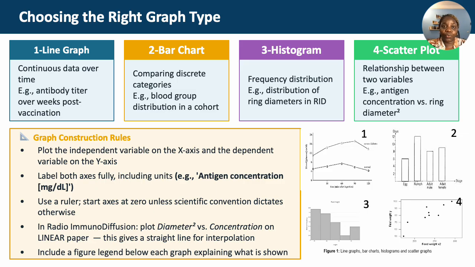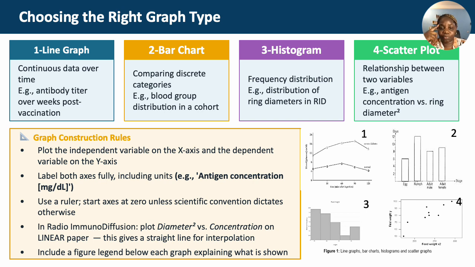So when we construct this graph correctly on linear paper with units and properly labeled axes, we can read off the unknown concentration with confidence. We rely on this linear line to find the unknown concentration.